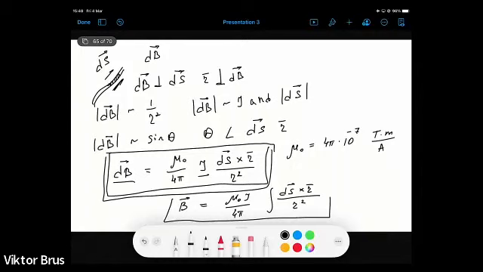Also, we discussed some examples which give us a better understanding of how to apply this Biot-Savart law practically and determine the magnetic field next to a straight conductor and also a curved conductor, which was considered as a segment of a circle. So with this, I would like to finish our discussion. If you have any questions, you're welcome.